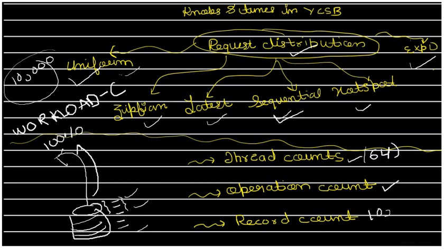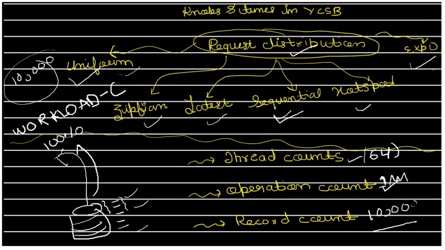So on those 10,000 records, it will perform your operations. Suppose you want to perform 1 million operations. In the 10,000 records, 1 million operations will be performed. So if the operations are of read kind like workload C, then on the 10,000 records, 1 million read operations will be performed. That's how these parameters work.